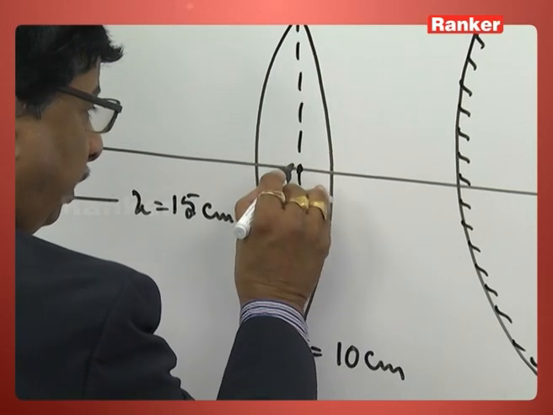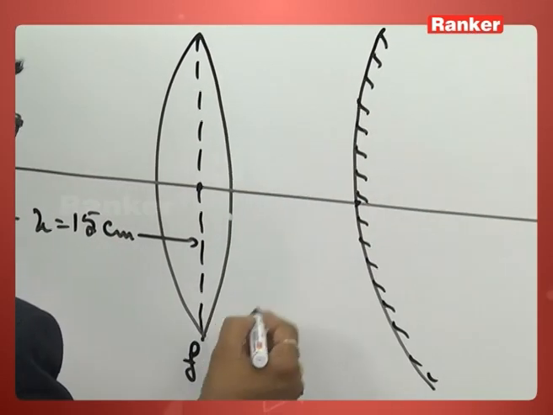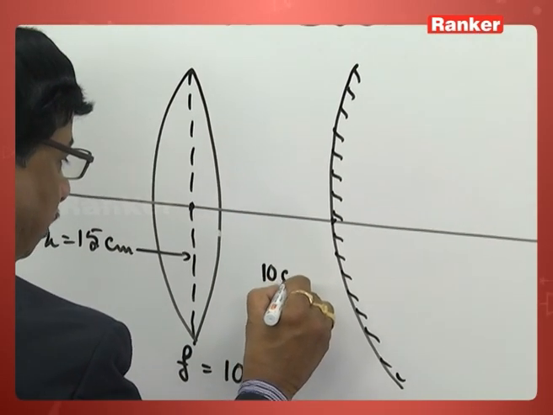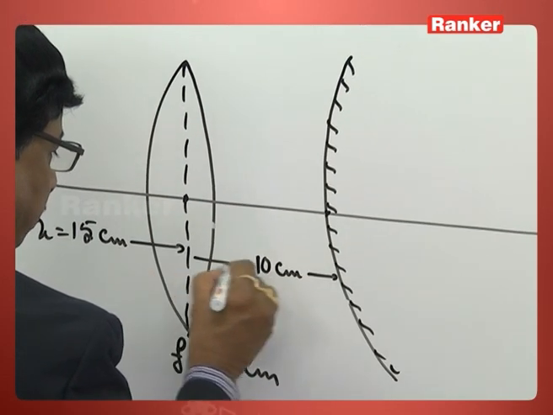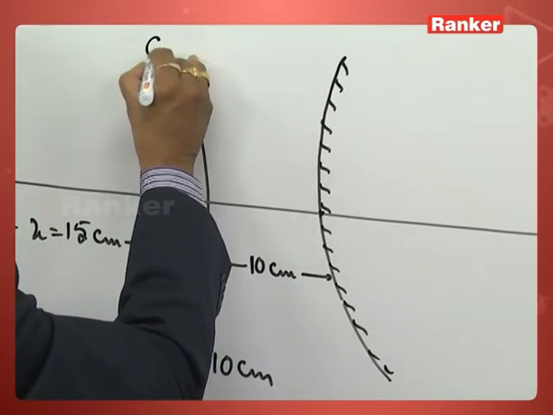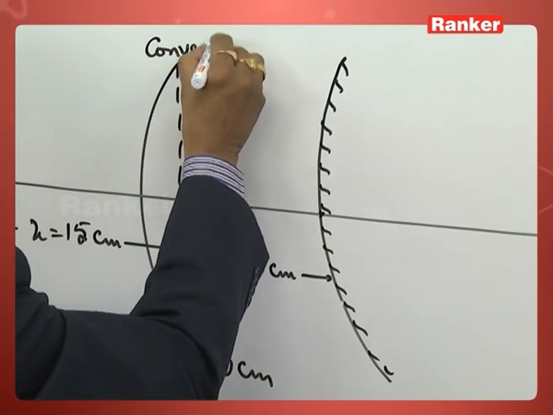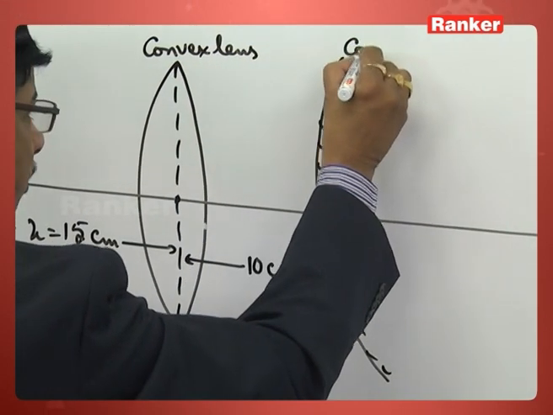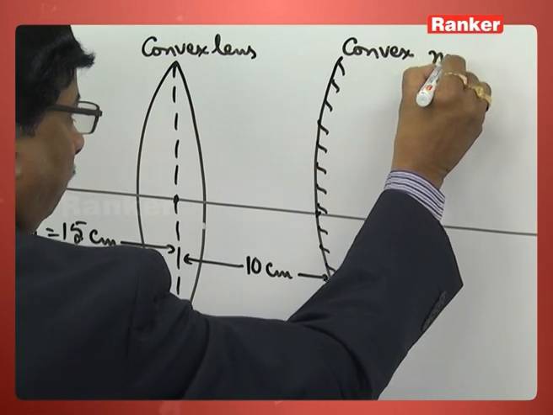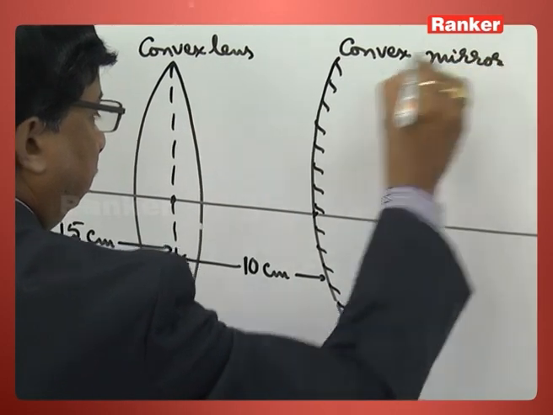It is placed at the focus of this convex lens. That means this distance will now be 10 centimeter. This is the convex lens that has been given, and this one is the convex mirror he is talking about.